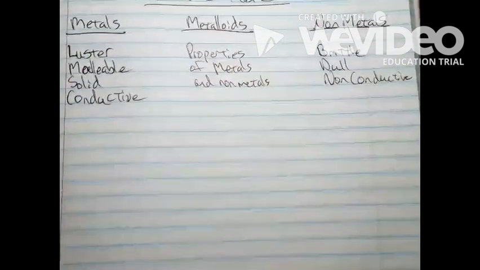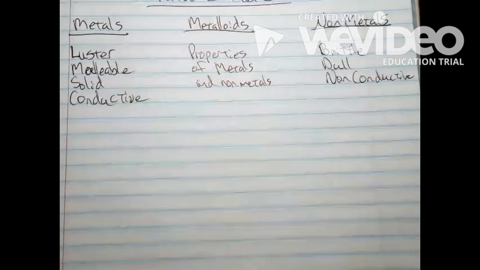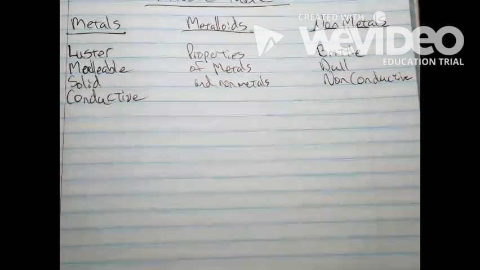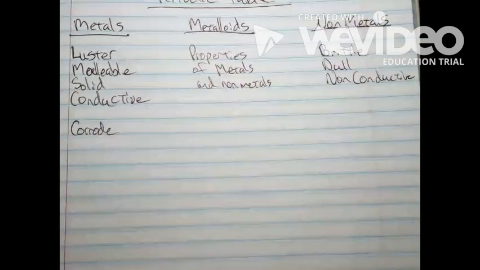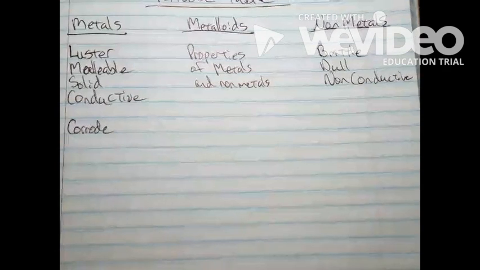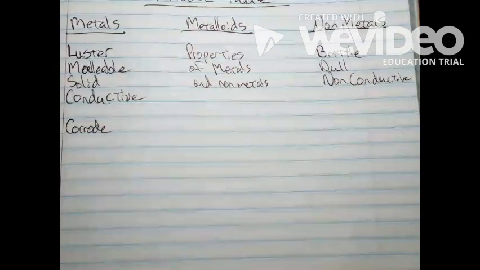So what about chemical properties of metals? What are some chemical properties? They easily corrode. They easily corrode, okay. Here's one that you guys aren't familiar with.